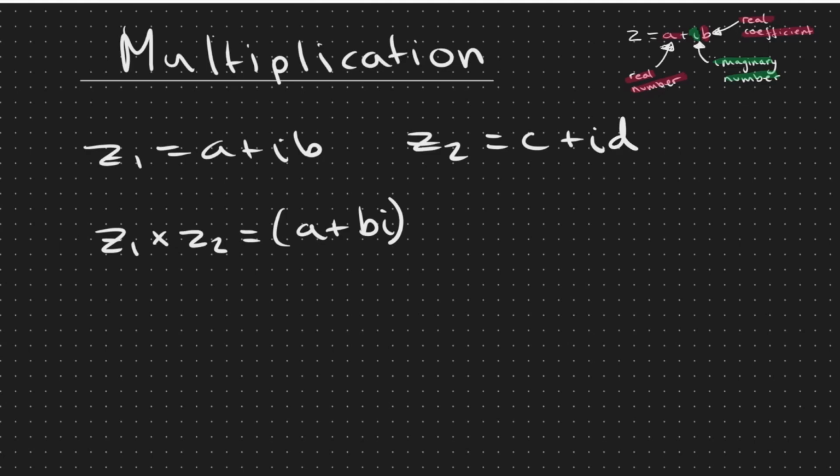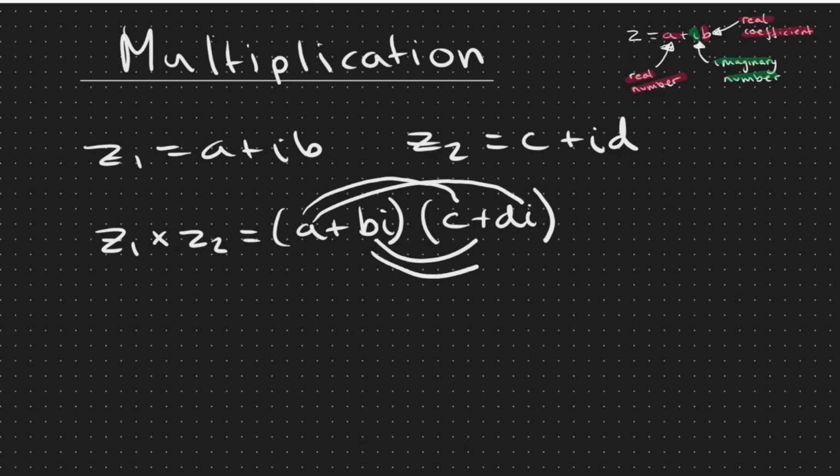You could rewrite it in the form ib. I prefer writing it in the form bi, it's more natural to me. Times c plus di. So it would be like writing this out, and you can recognize here we could literally just FOIL it. So we could FOIL it by saying it's a times c plus a times di plus bi times c plus bi times di, right?